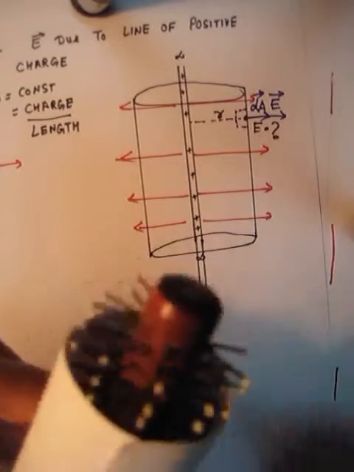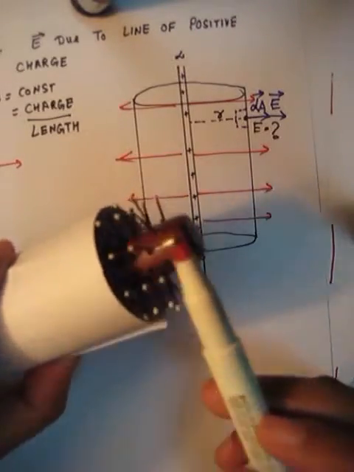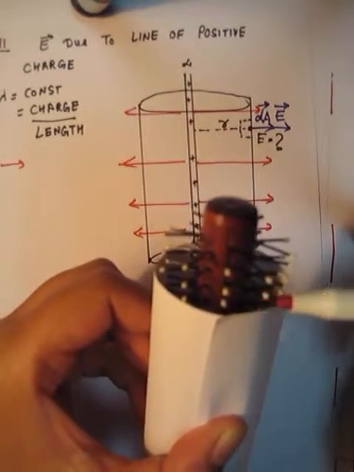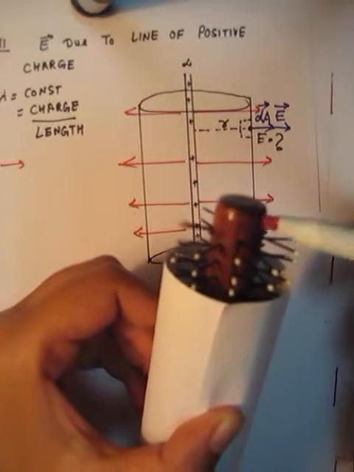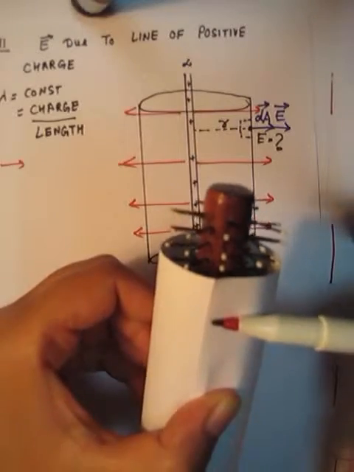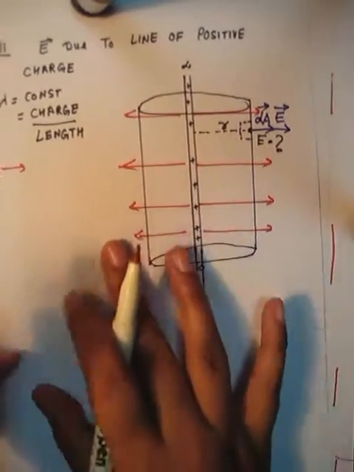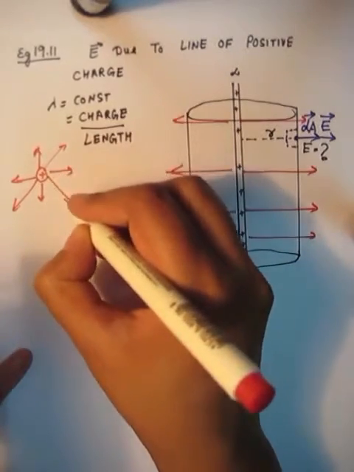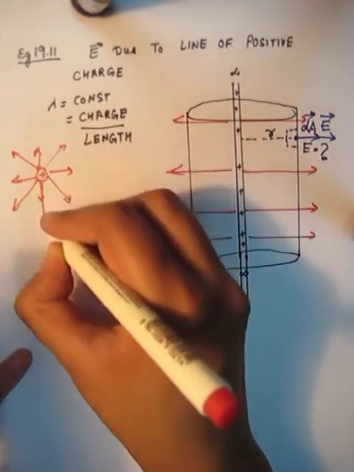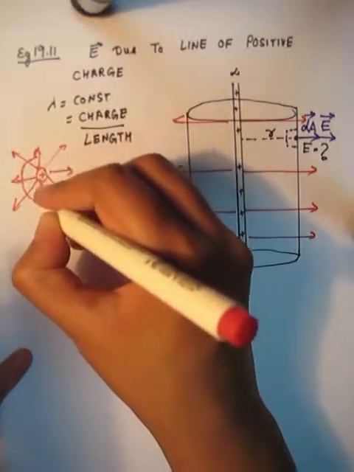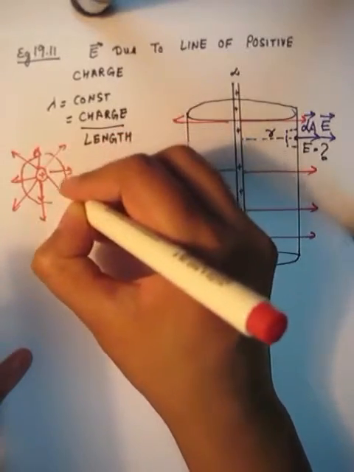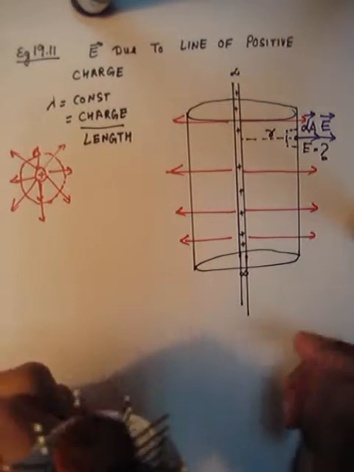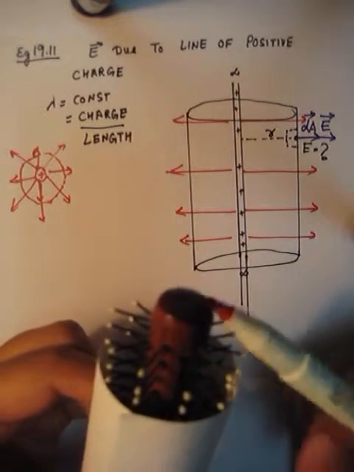If you just have to draw the cross section from above, the cross section of the wire, the electric field and the Gaussian surface will look something like this. This will be the cross section of this positively charged wire.